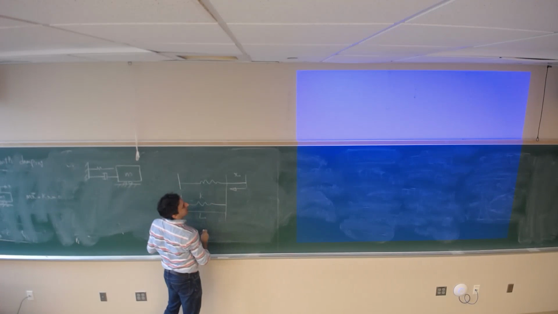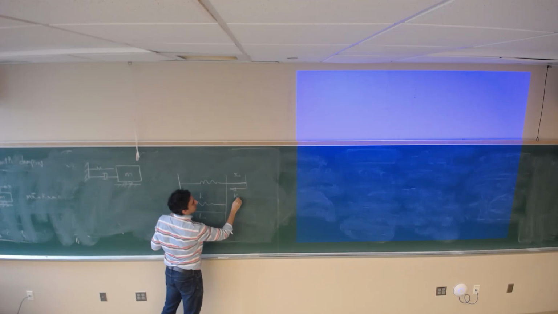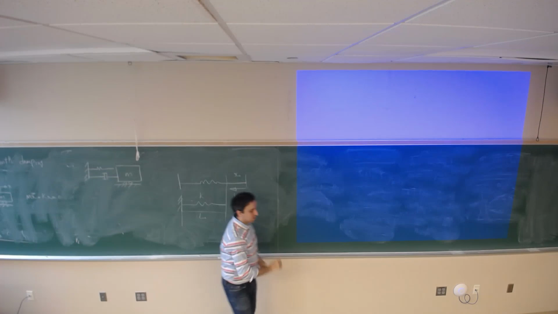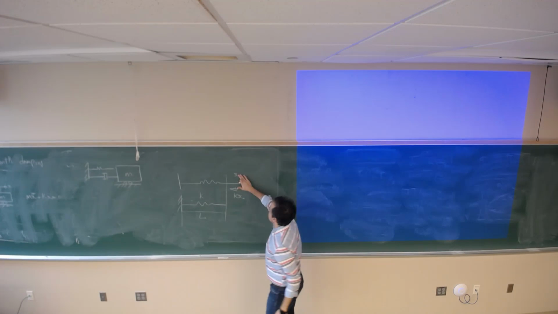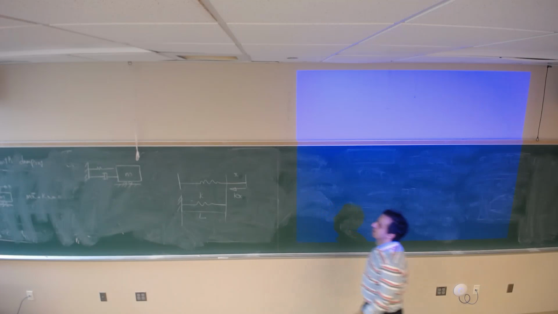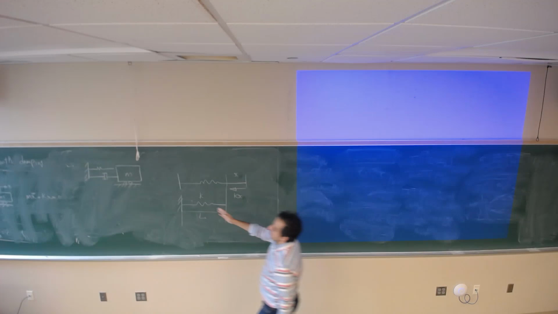We extended the spring with the magnitude of x naught. Let me change it to x. So the force is kx. This is how the spring is working. The damper is going to be against the motion.